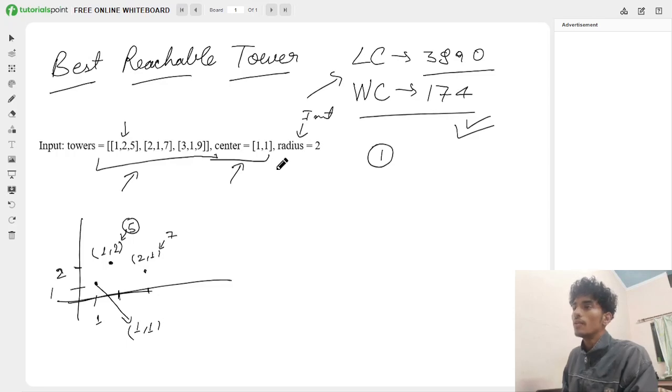Then we have another point, 3 comma 1, and it has a quality of 9. So the first 2 values in this vector are the x coordinate and y coordinate, and the third value in this vector is a number which denotes quality.